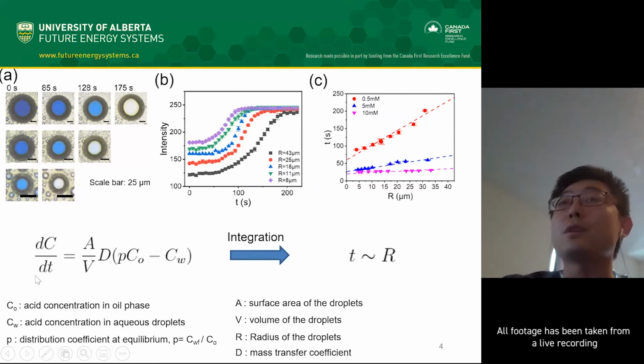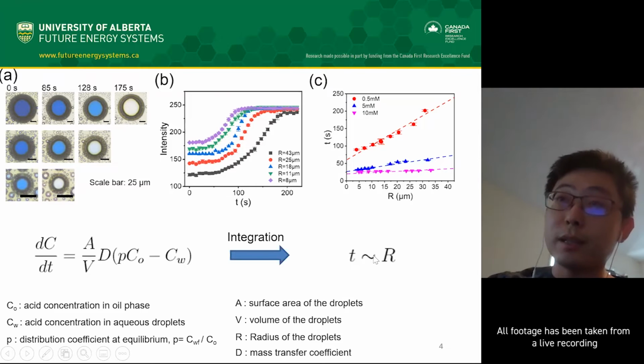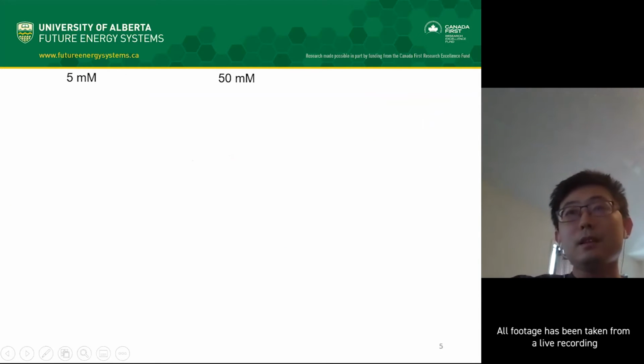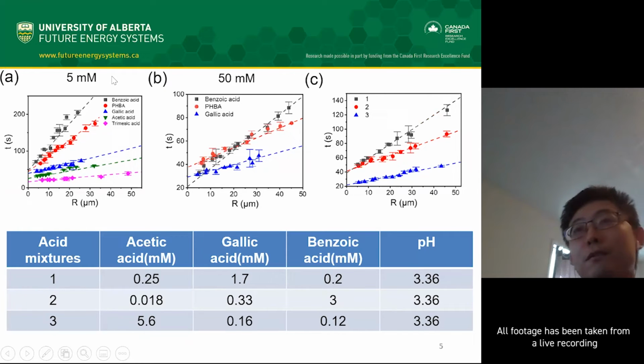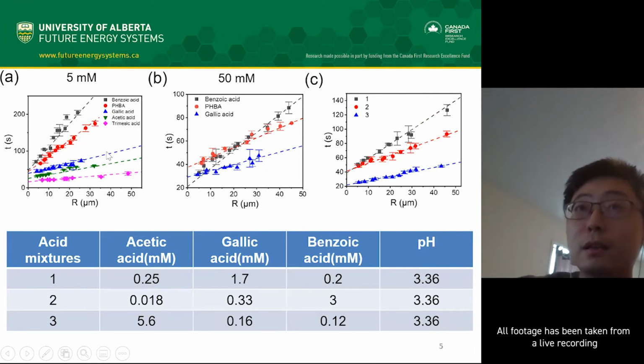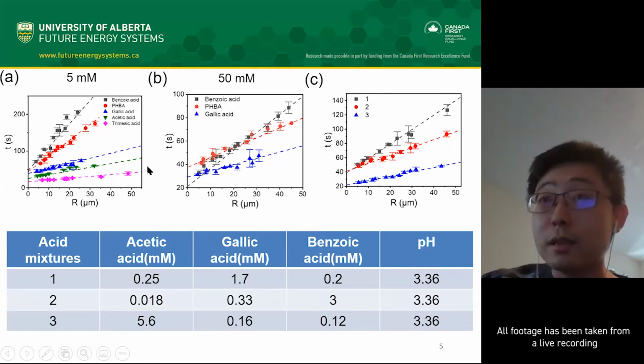After integrating this equation, we get the relation between the decoloration time and the droplet size. Given sizes of the droplets and a given concentration of acid, different acids show different decoloration time scales.